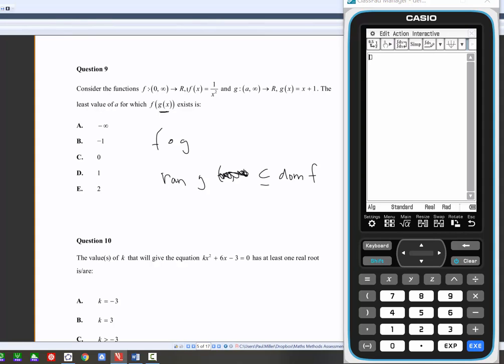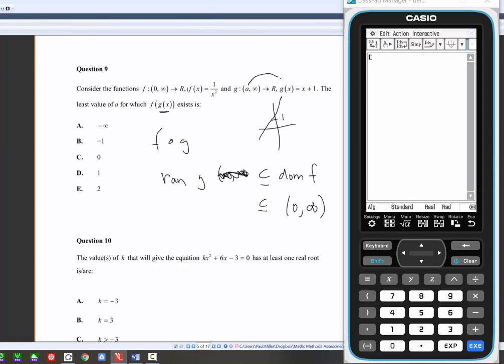Okay, so we know the domain of f, which is 0 to infinity. Now what we need to get is the range of g of x. So that's a linear function, goes through 1, like so, to positive infinity. And really what we need to do is force this value here to be 0, okay?